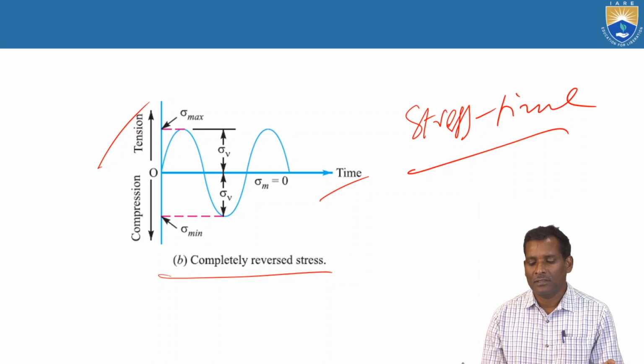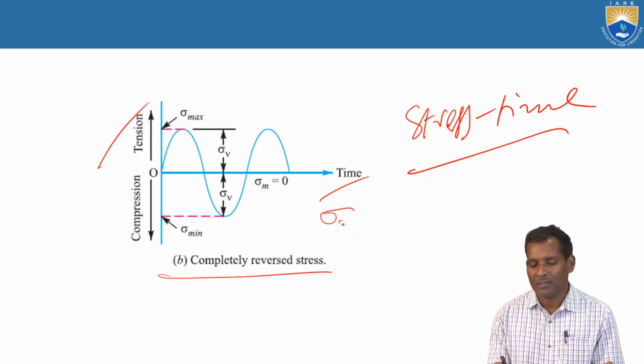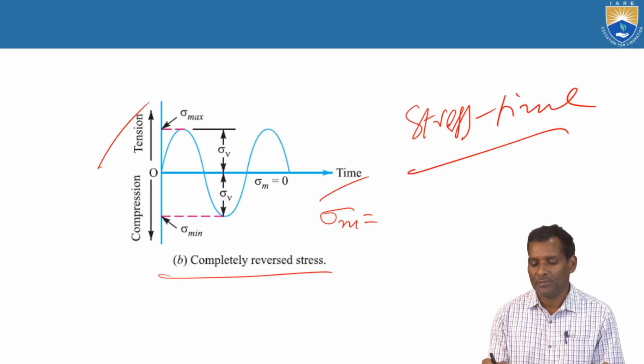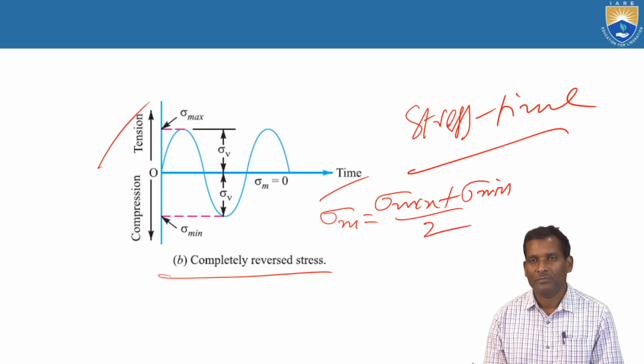In this case, the mean stress is 0. How do you calculate the mean stress? Sigma max plus sigma minimum by 2.